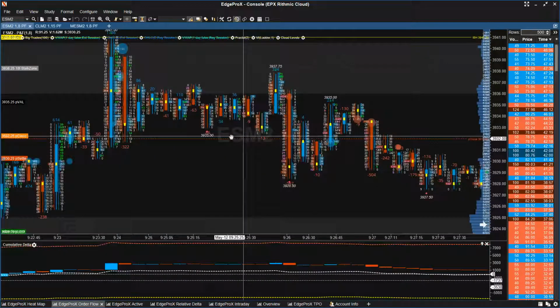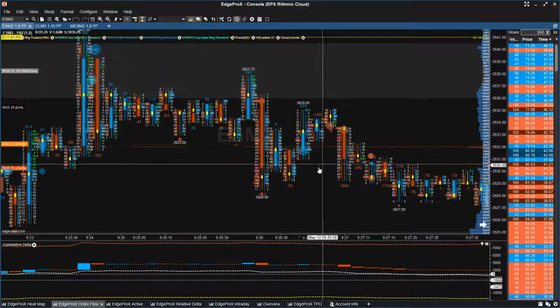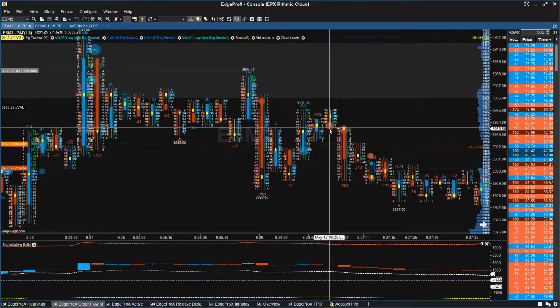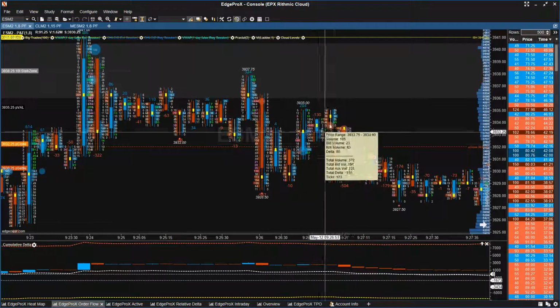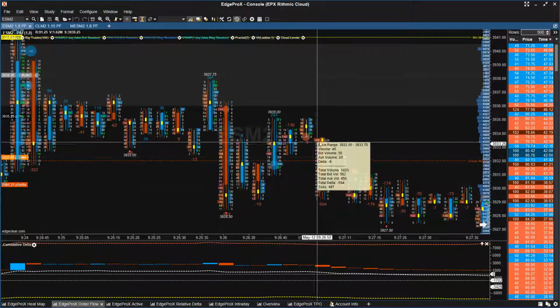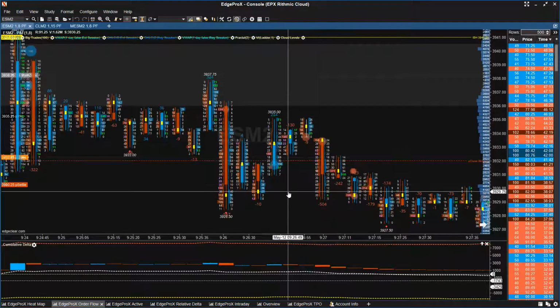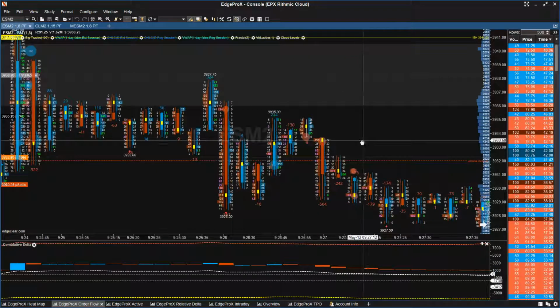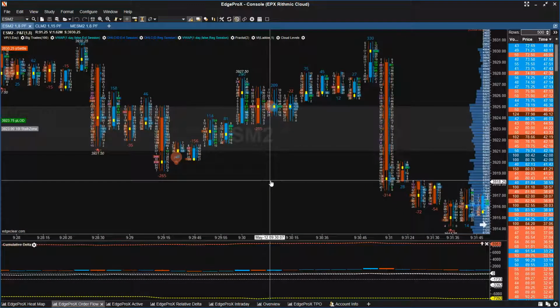Do I care it's 145 versus 250s and a 45? I just care that somewhere around this price there was a collision there, and a fight took place, and the heaviest price that was traded in this bar is right here in the yellow dot. That's really what I'm looking for in terms of aggregated information.